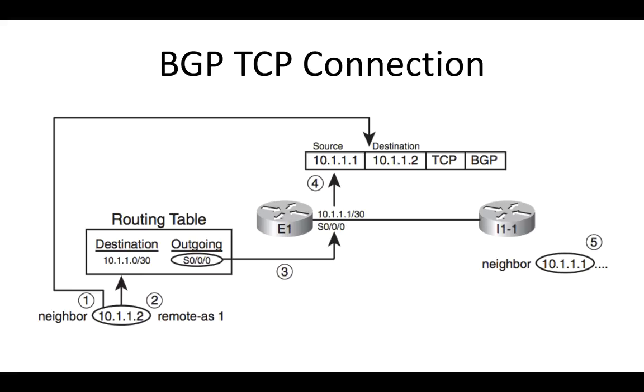Our IP address on serial 0/0/0, as you can see, is just 10.1.1.1. So that's going to be our source IP address. And the neighbor command on the other router, the ISP router, will refer to our source IP address, which is 10.1.1.1 in this case, to make that link and send that traffic back the other way for BGP.